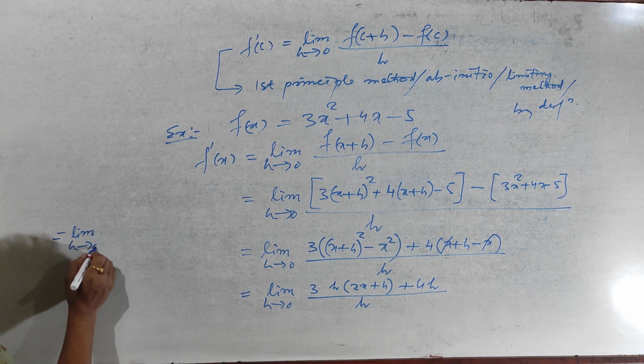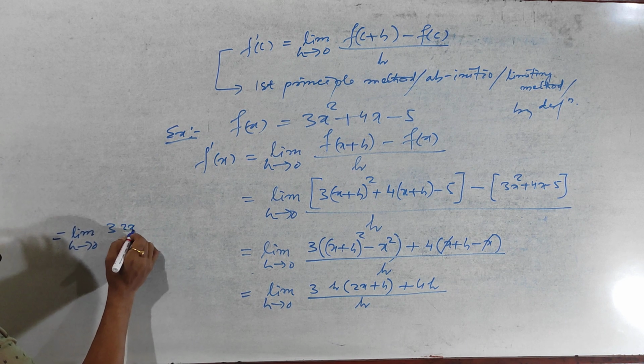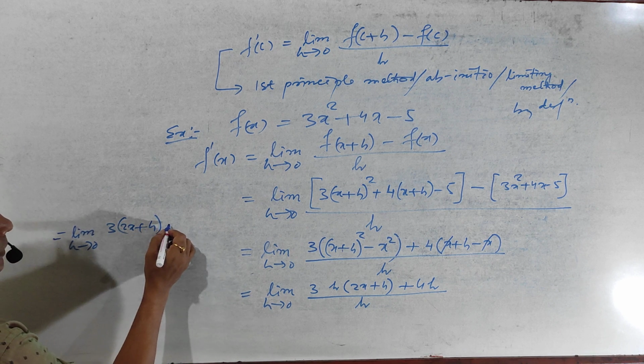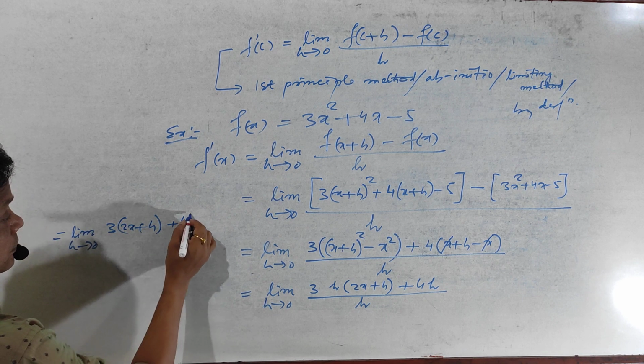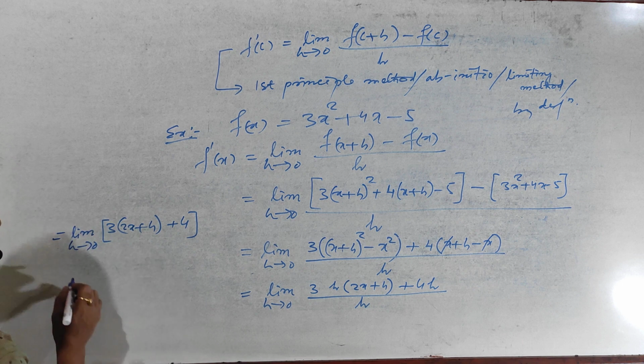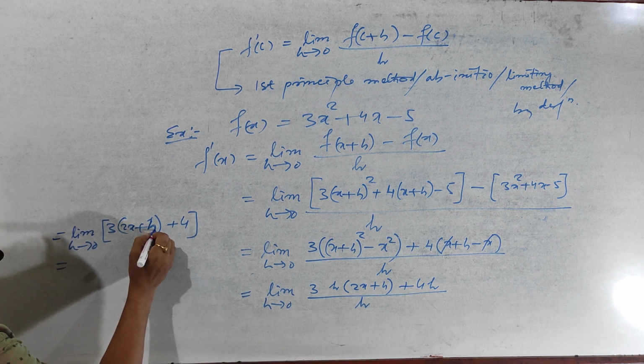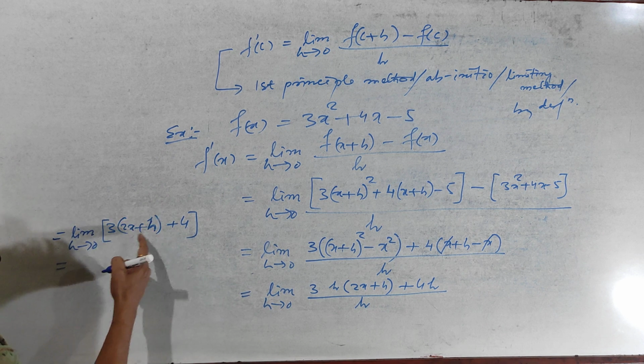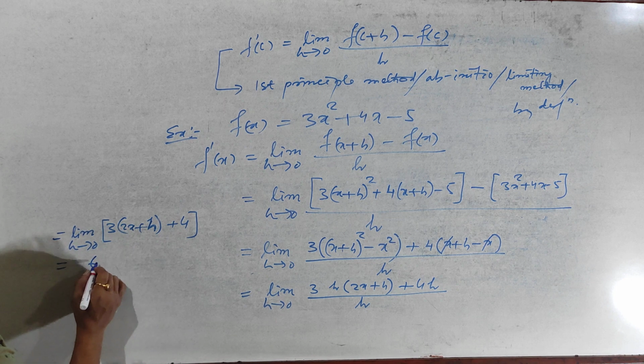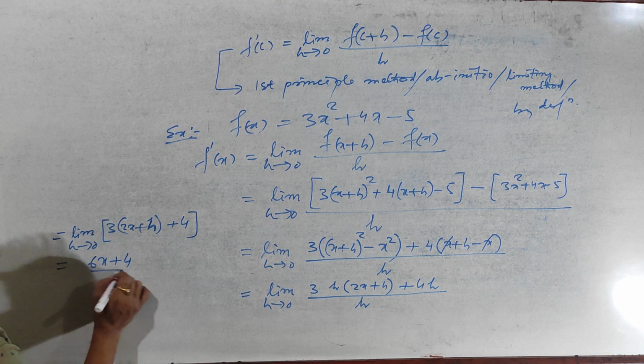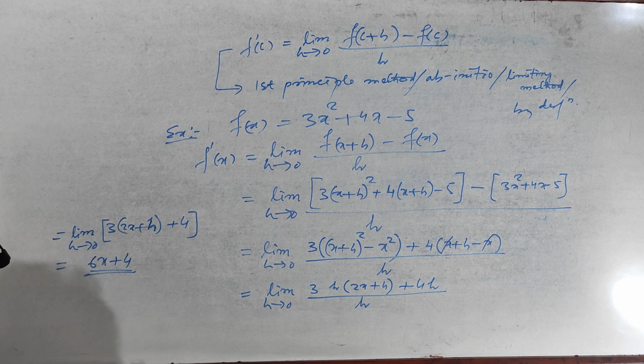Limit h tends to 0, 3 into 2x plus h plus 4, and h cancel out. Now put h is equal to 0, so this term becomes 0, so it will be 6x plus 4. So this is your answer.